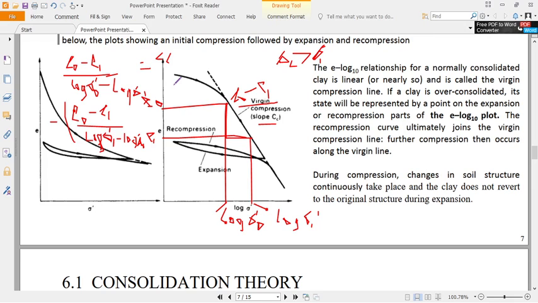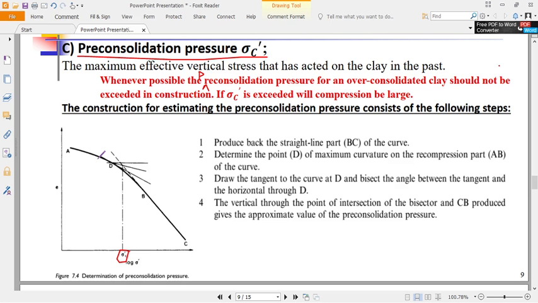After extending it, we then get the point of maximum curvature. Determine point D of maximum curvature of the recompression part. Then you draw a tangent at that maximum point.